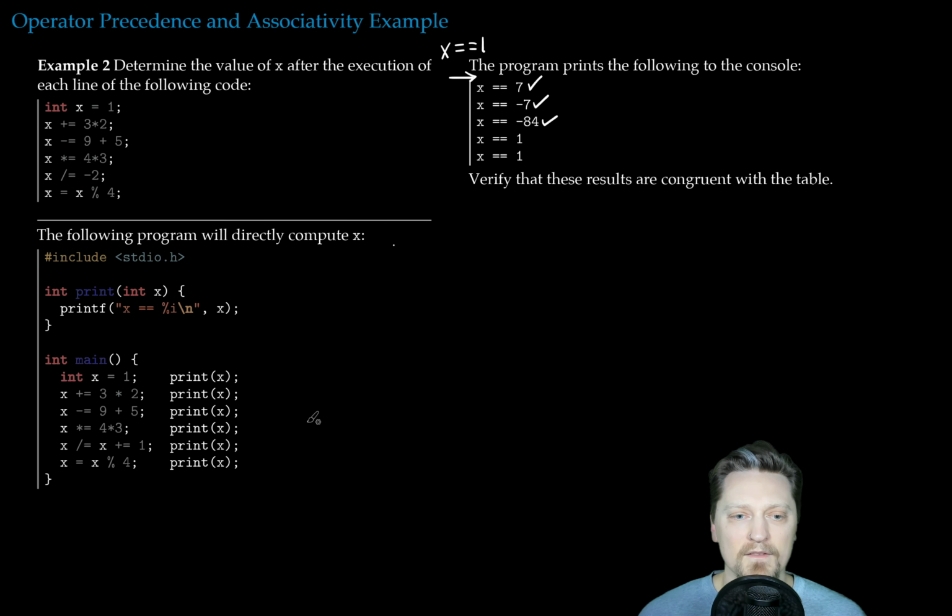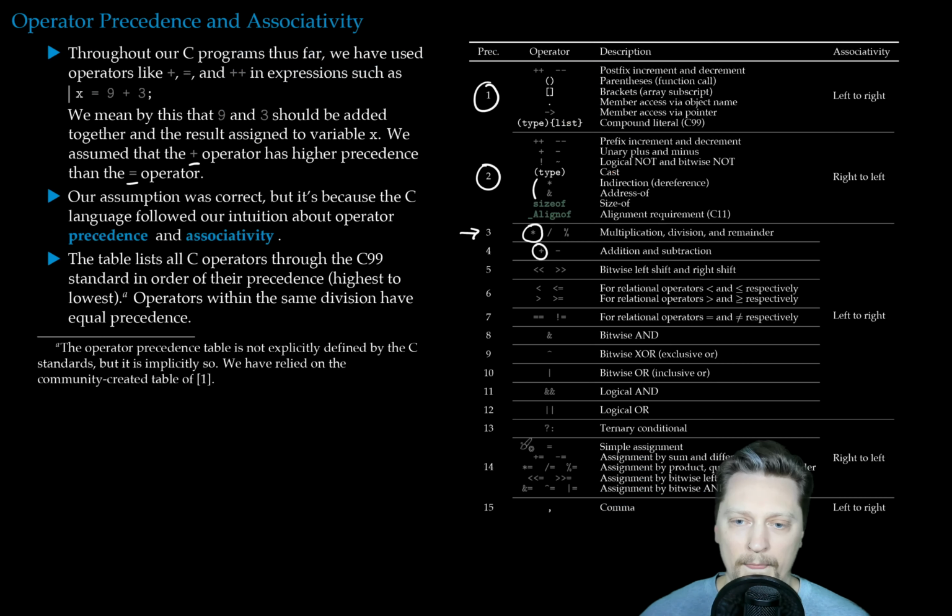So let's follow this through. We have the x divide equals x plus equals 1. So we're going to make 2 assignments here, and we need to see which one's going to happen first. Divide equals or plus equals. Let's go back to our table. We have plus equals and we have divide equals.